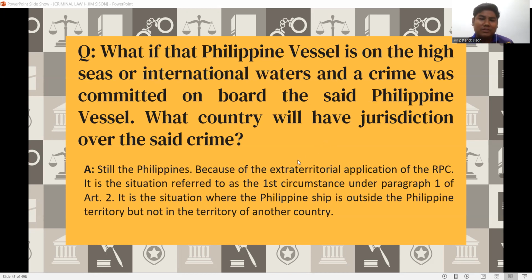Still the Philippines because of the extraterritorial application of the RPC. So even if it is already outside the Philippines, it is what we call extraterritorial application. It is a situation referred to as the first circumstance under paragraph 1 of Article 2. It is a situation where the Philippine ship is outside the Philippine territory, but, again, not in the territory of another country.